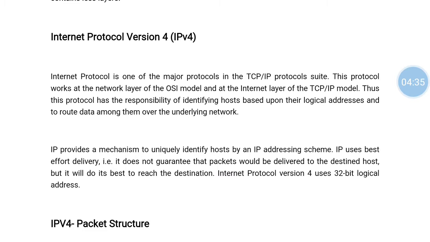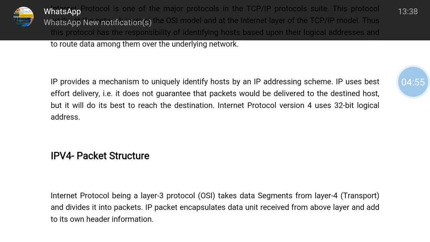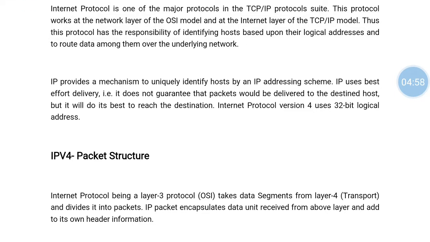Now, what is internet protocol version 4? Internet protocol version 4 is a 32-bit binary address used by hosts. It is a connectionless protocol. It allows creating a simple virtual communication, it requires less memory, and the protocol is supported by many devices.